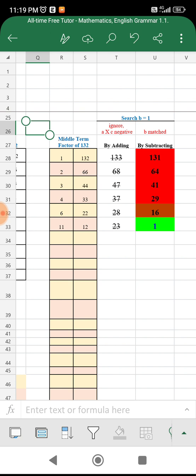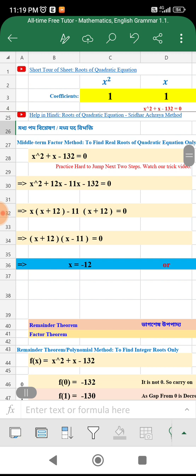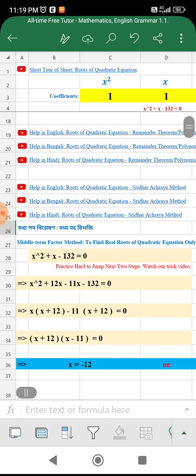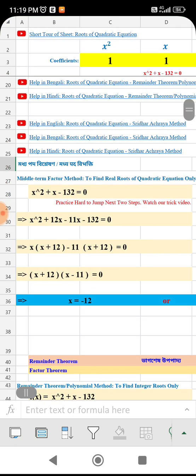These things we learn in the trick video. I hope you will not face any kind of problem. If you have any problem in your book, just solve it yourself, and thereafter put the values here and check what answer the middle term factor method gives. Okay, thank you.